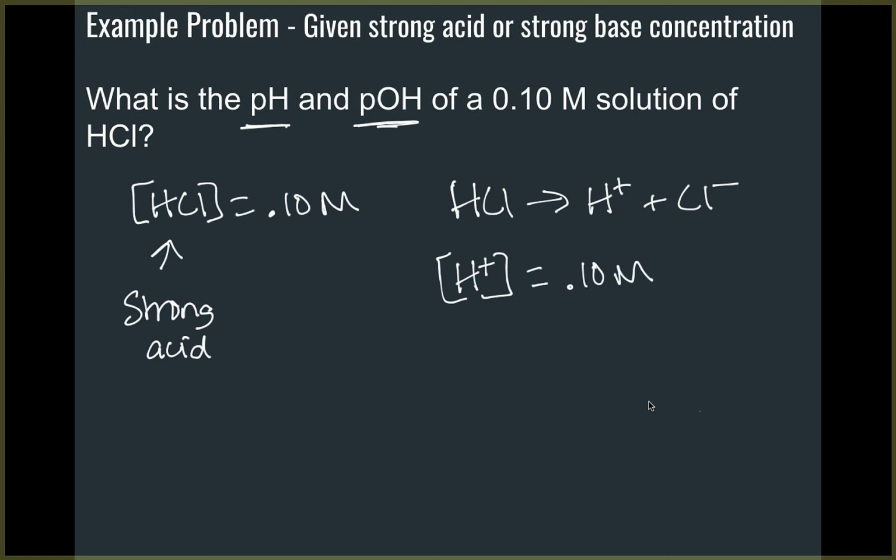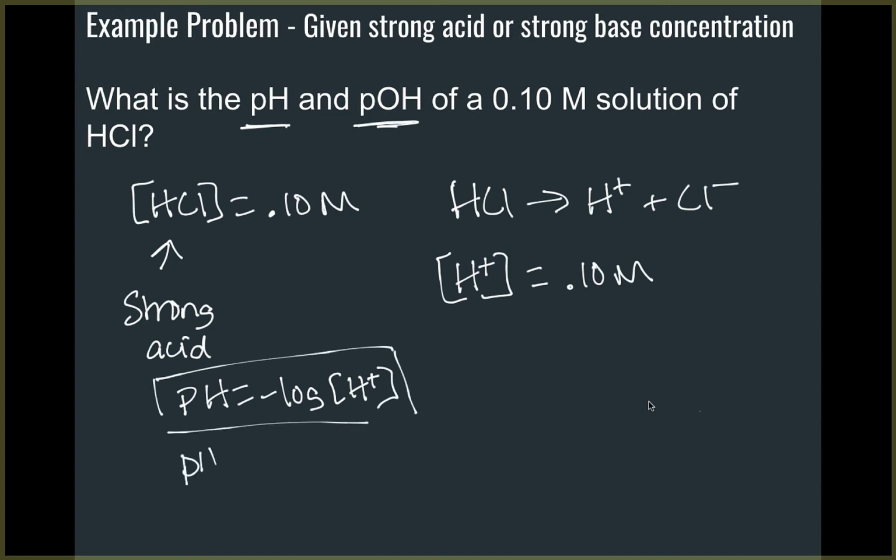Okay, so from there, I want the pH and the pOH. If I look at my formulas, I can use pH equals negative log of the H plus. So all I have to do here is take the negative log of that H plus, so negative log of 0.10.